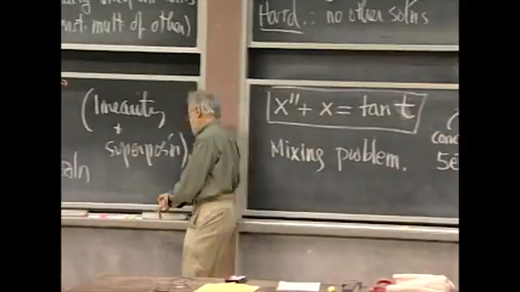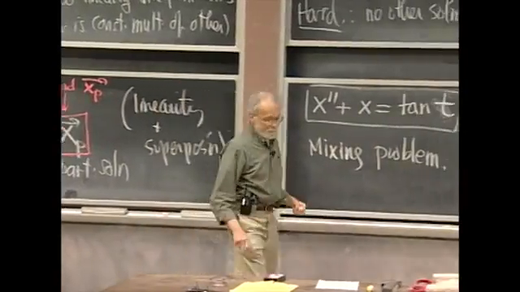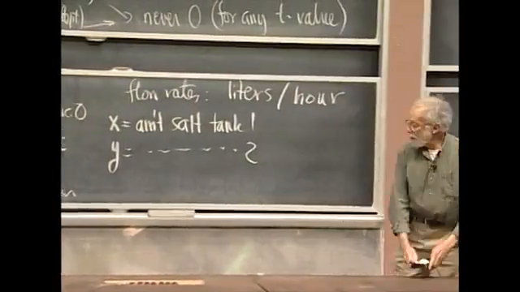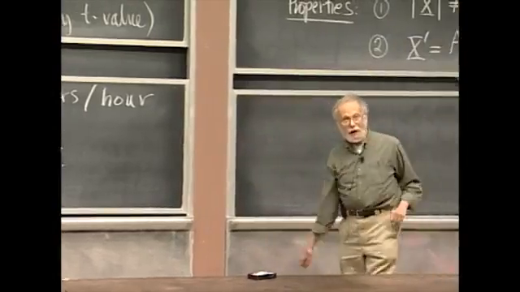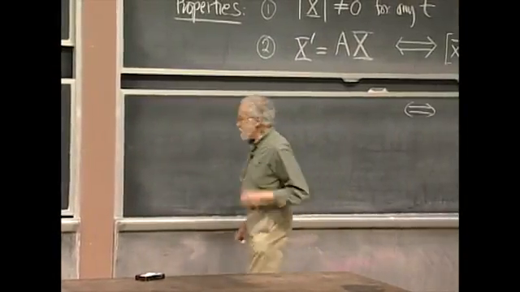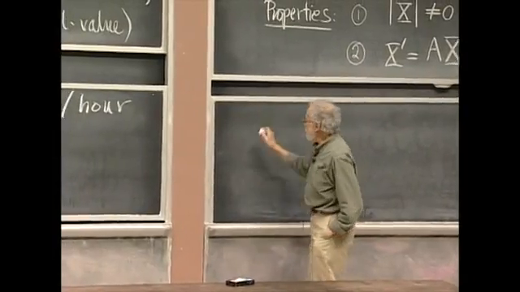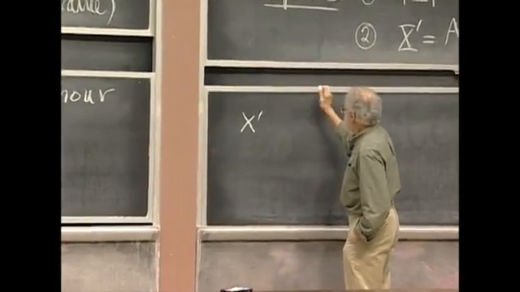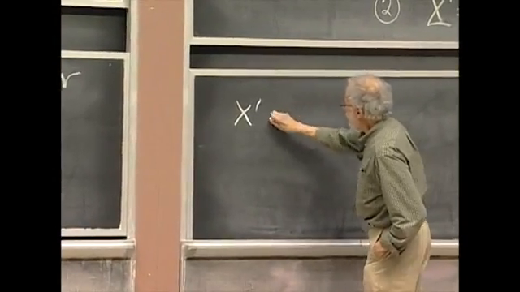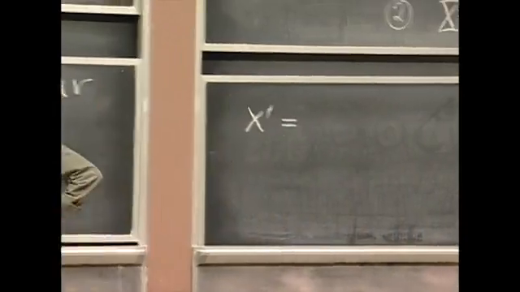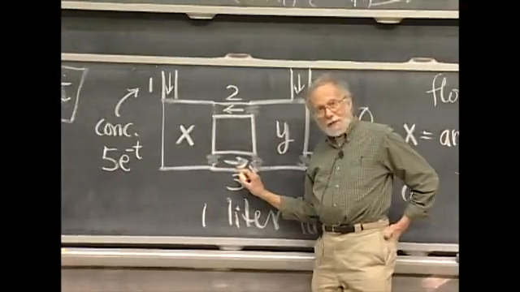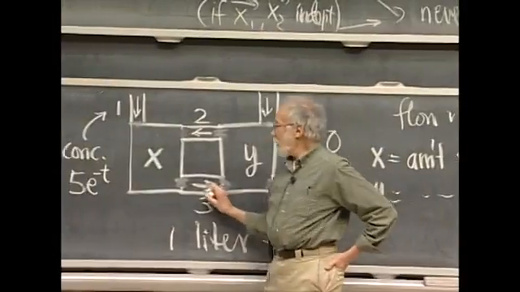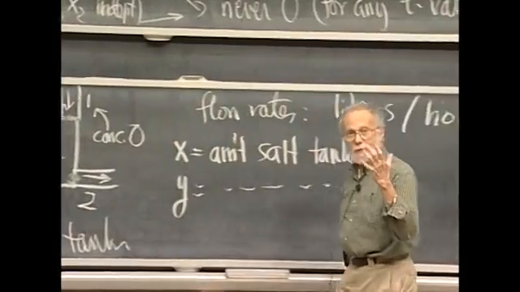Okay, so what's the system? Well, you set it up exactly the way you did it when you studied first order equations. In other words, it's inflow minus outflow. So what's the outflow? The outflow is all in this pipe at 3. So the flow rates are liters per hour. 3 liters per hour flowing out. How much salt does that represent?